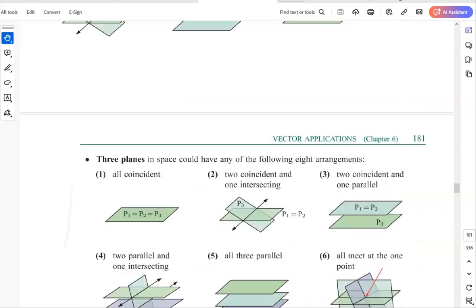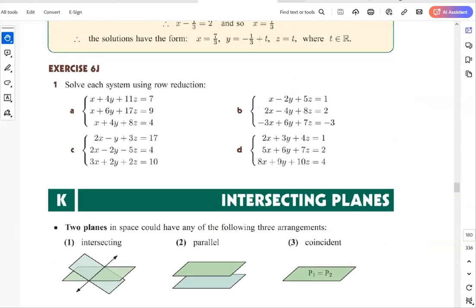So what we're now going to do is go back and remember how to do row operations, and we can apply this to when we have two lines intersecting, and instead of having three things here, you would just have two, X and Y, and Z, right? And then we've got this with the planes.